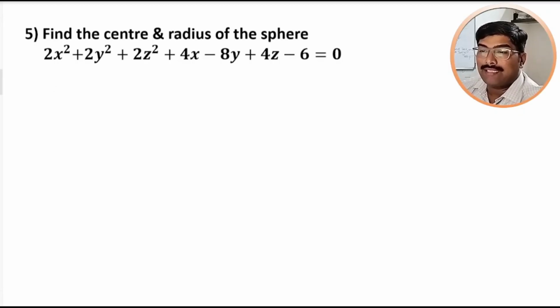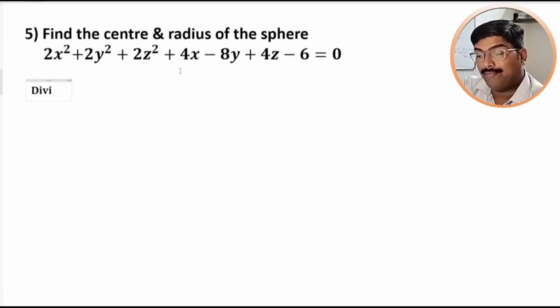But in this example, the coefficient of x square is 2, y square is 2 and z square is 2. So first of all, we have to make the coefficient of x square, y square, z square equal to 1. So to make 1, we have to divide throughout by the coefficient of x square, y square and z square. That is, we have to divide throughout by plus 2.